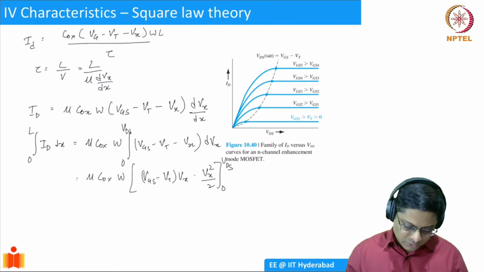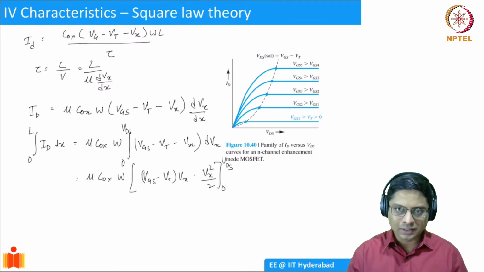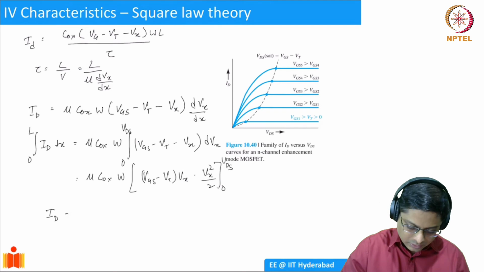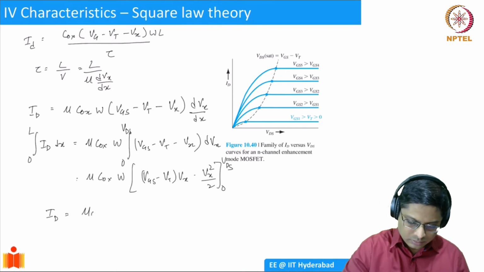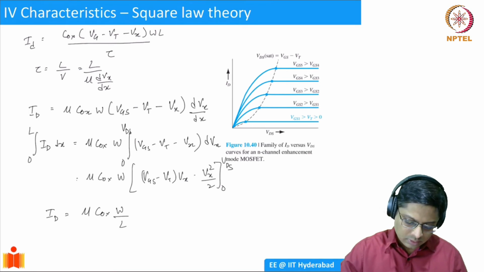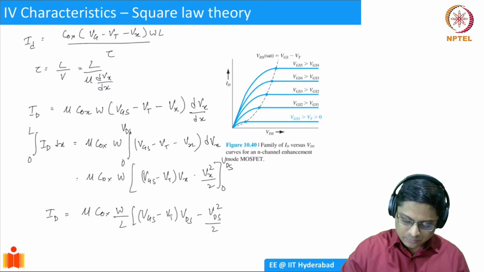So if you substitute the limits, and on the left side you have 0 to L, I'll take the L to the other side. If I do that, what I get is ID equals mu Cox W by L times VGS minus VT times VDS minus VDS square by 2.